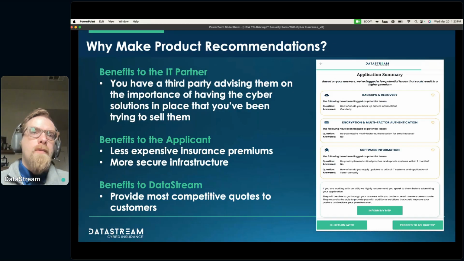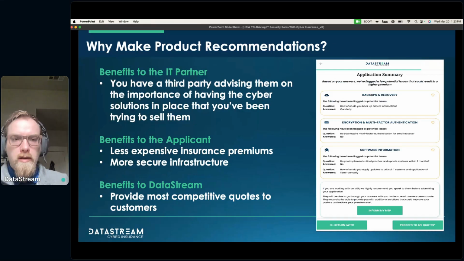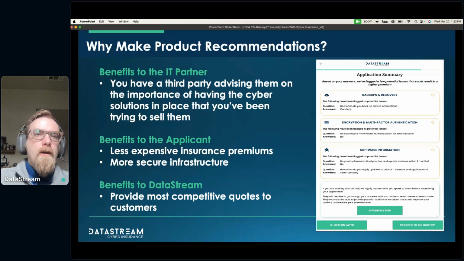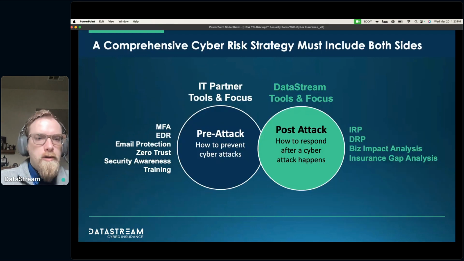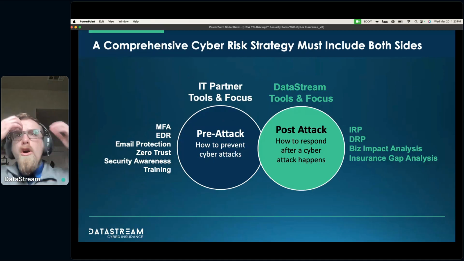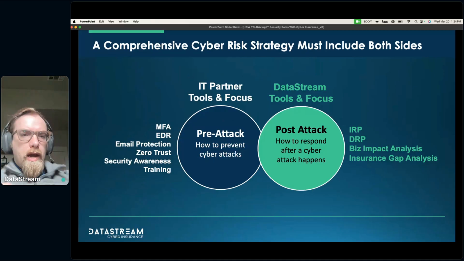And better coverage. And then obviously the benefit to DataStream is that we get to go out there and bring them the best policies back, right? We can bring the most competitive quotes by ensuring that they have as good an internal posture as we can before going out to market.